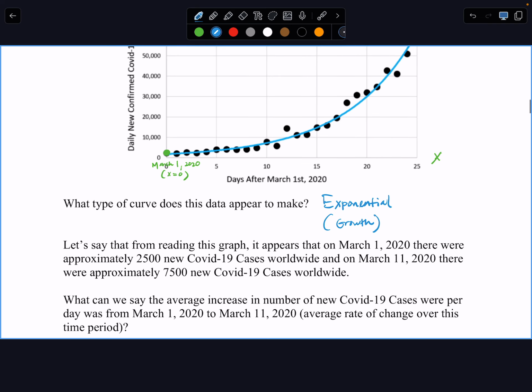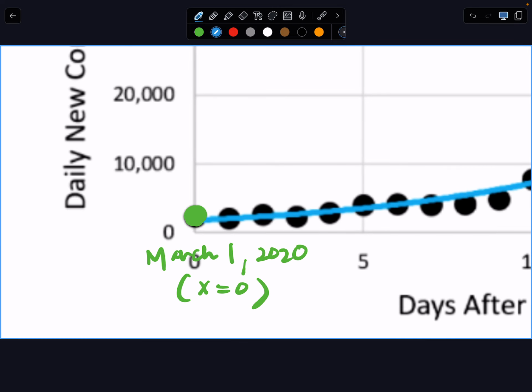So let's say that from reading this graph, it appears that on March 1st, 2020, there were approximately 2,500 new COVID-19 cases. So we could label this point right here as (0, 2,500).